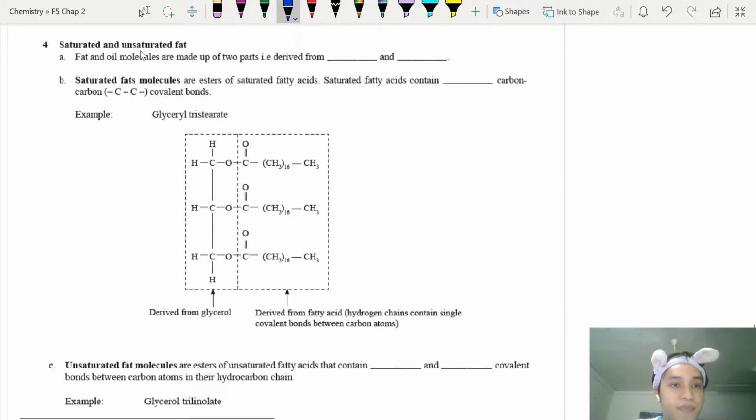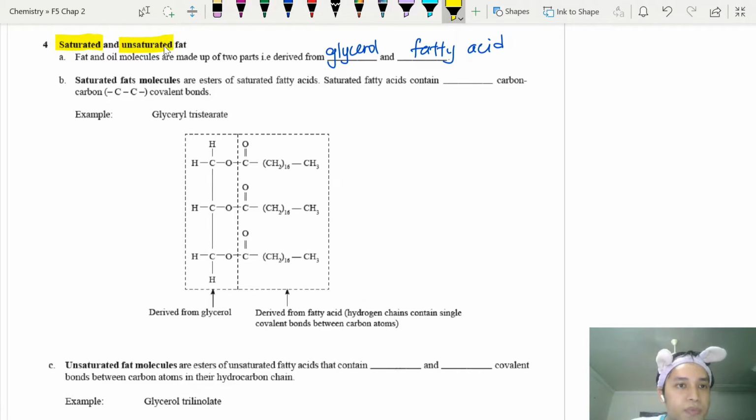Remember, your fats are made from glycerol and fatty acids. In the earlier chapter when we learned about alkane and alkene, you learned about saturated and unsaturated. Saturated means carbon-carbon single bonds, whereas unsaturated means double bonds.